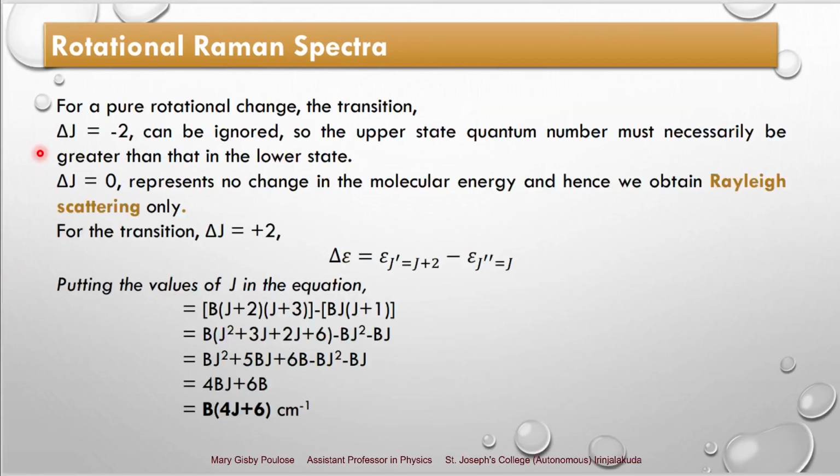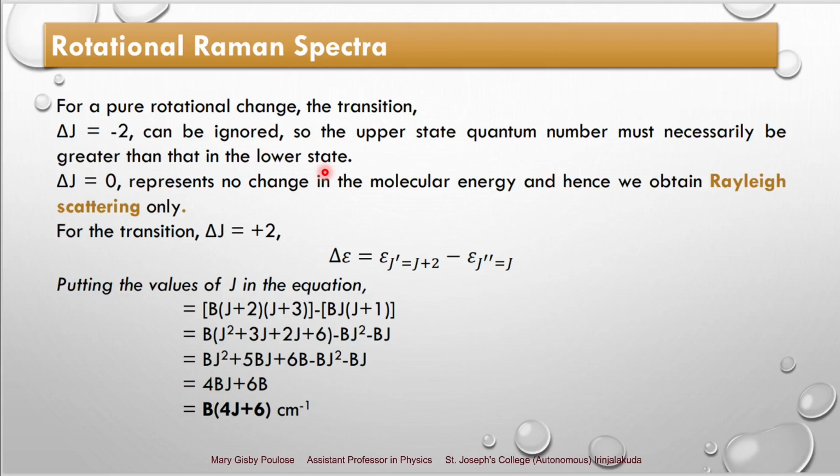Now, for a pure rotational change, the transition delta J equal to minus 2 is ignored. This is because the upper state quantum number must necessarily be greater than the lower state. That is, if we have J equal to 0, delta J equal to minus 2 is impractical, right? We do not have any J equal to minus 2 levels.